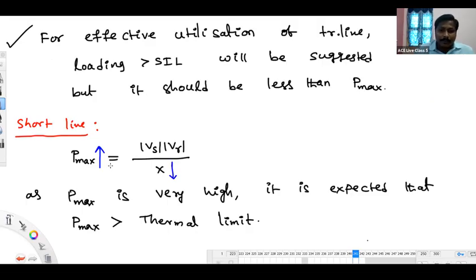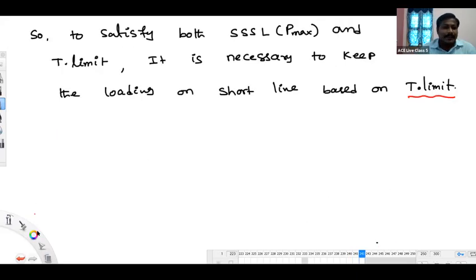That will definitely be based on P maximum, because that is low compared to the thermal limit. If you keep the loading based on P maximum, then it will definitely be lower than the thermal limit also. The system is safe from damages.